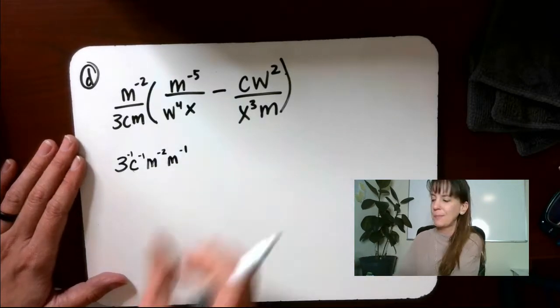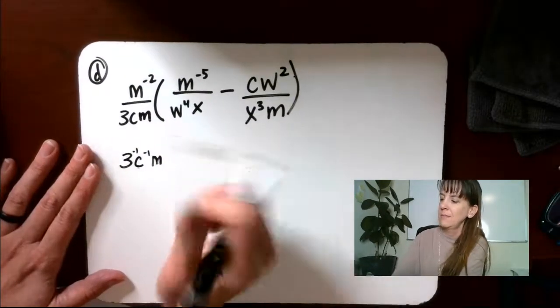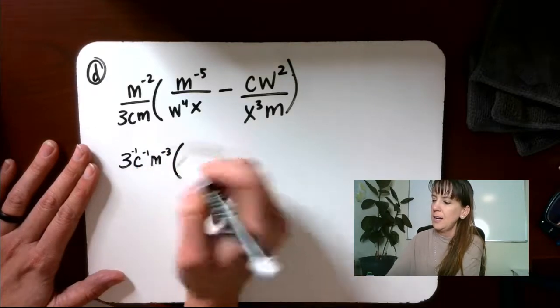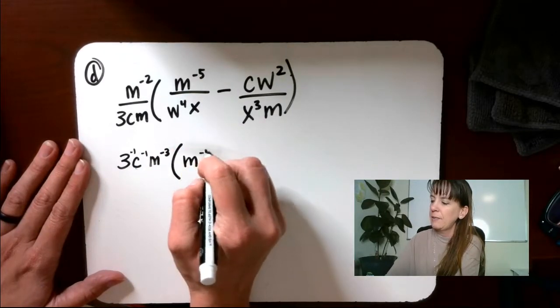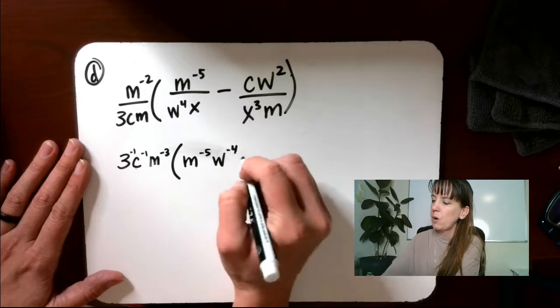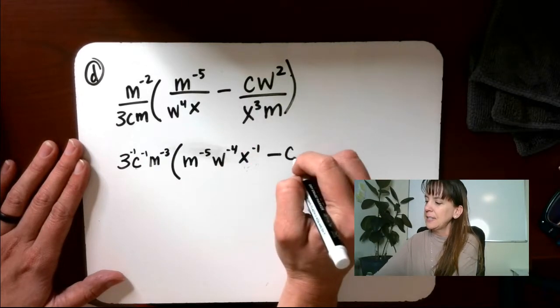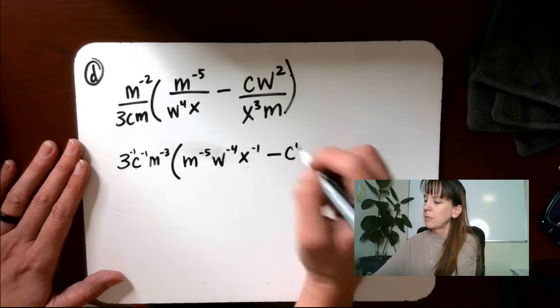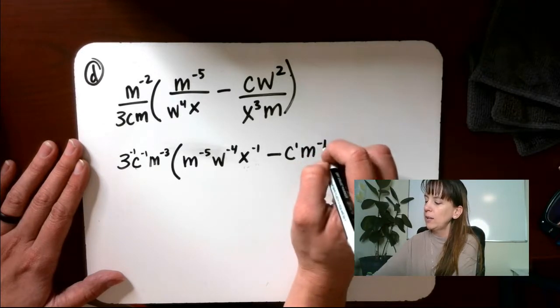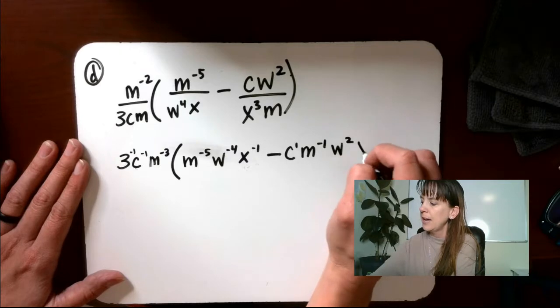Well, guys, that just gives us m to the negative 3. Times m to the negative 5, w to the negative 4, x to the negative 1, minus c to the 1, I'm going to put a 1 there just to make it easier, m to the negative 1, w to the 2, x to the negative 3.